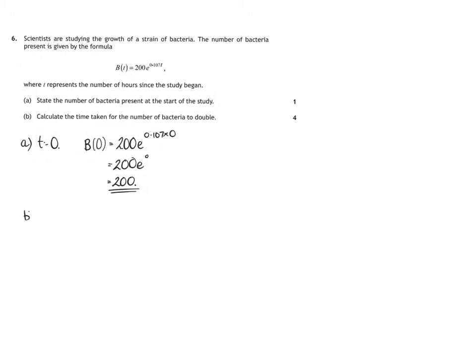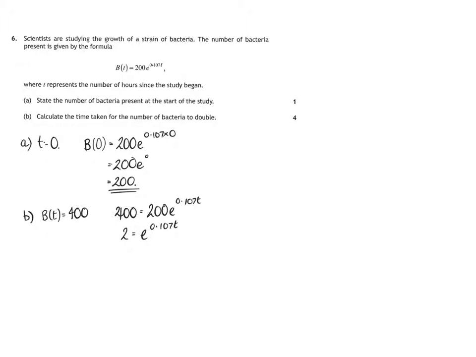So part B, the time taken for the number of bacteria to double. So when it's going to double, that means B of T is going to be 400. So we're going to have 400 equals 200 e to the 0.107t. So we can then divide both sides by 200, giving us 2 equals e to the power of 0.107t.